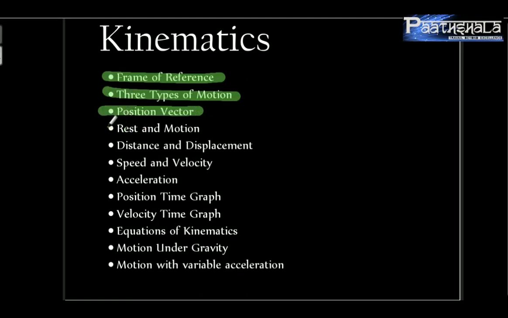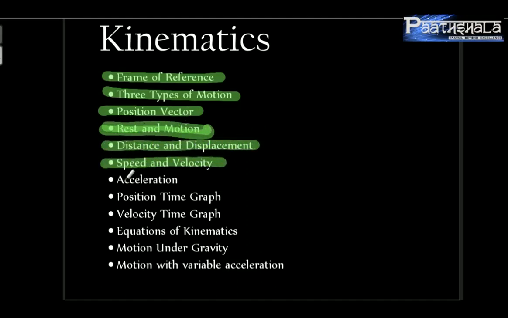Then we'll distinguish between rest and motion. We'll distinguish between distance and displacement, speed and velocity. We'll look at what acceleration is exactly and how to express acceleration in terms of derivative of velocity. Then we'll have to do graphs, position time graph, velocity time graph.